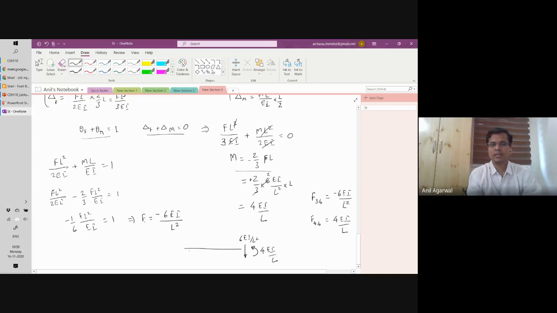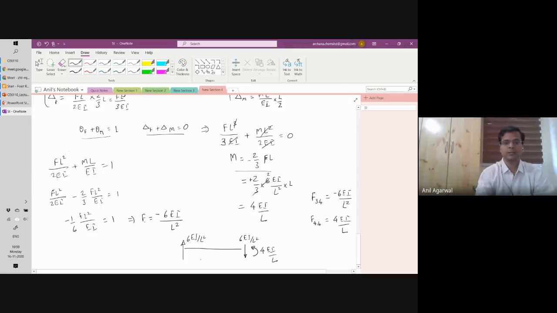Of course the force balance will require that I have a 6ei by L square force in this direction. There's no escaping from that. That force will of course be there. In addition to that, I also need to do the moment balance.